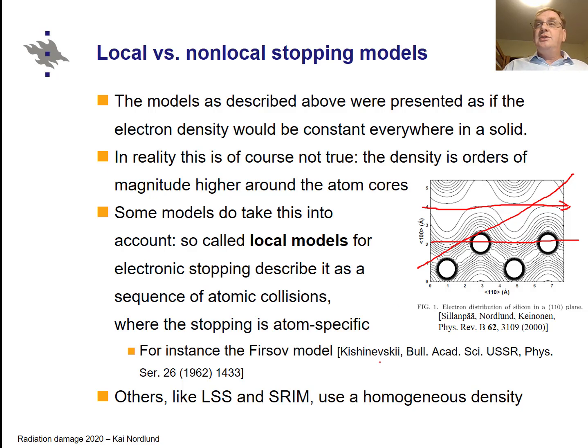But for lower energies, this may actually be a poor or very poor assumption, and because of that, there are so-called local models for electronic stopping, which follow the ion in a solid and then make a calculation for each collision separately, depending on how strong the collision is. Then there are other stopping models like the Lindhard-Scharff-Schiott model and the SRIM model, which are non-local. They use a homogeneous density, and then they can't describe this local variation.